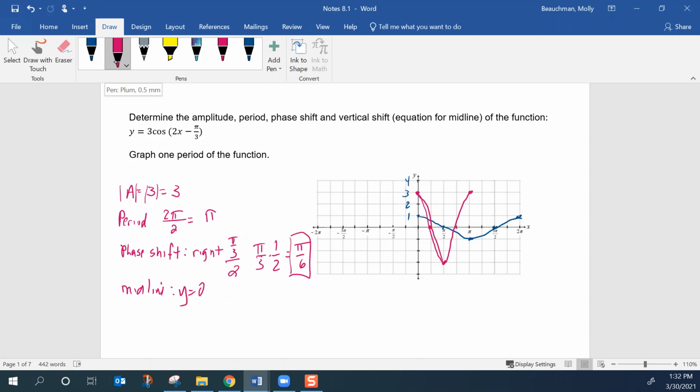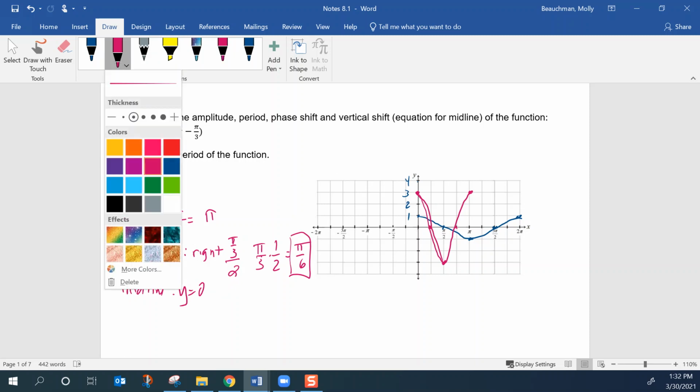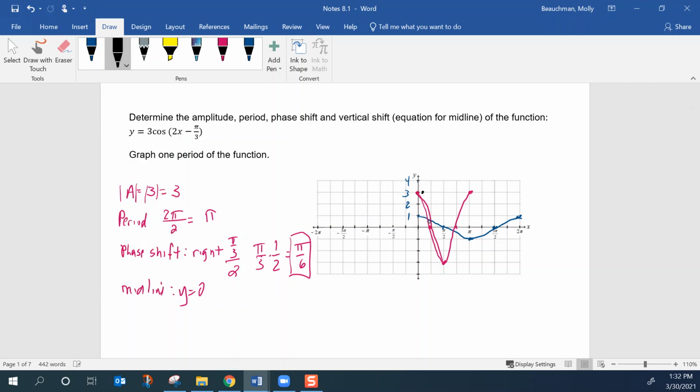So now my final graph, I'm going to take the graph of the shape change and move everything to the right, pi over 6. And then sketch it in. So that's one period of the graph, the one written in black ink.